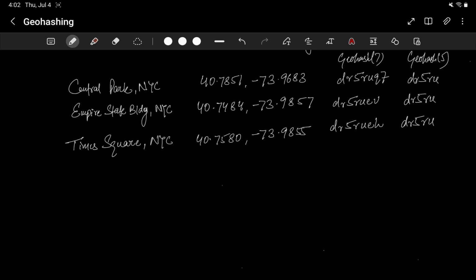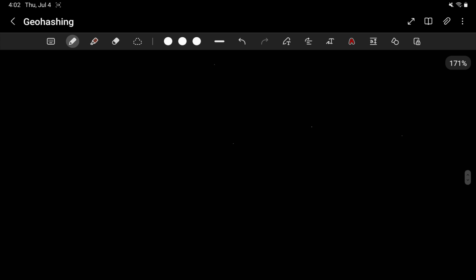What else is left? There is one more thing about the precision and the length, which I should tell you. Depending on the geohash length, we will see how much area it covers. If the geohash length is 12, the area that it covers is 3.7 centimeter times 1.9 centimeter.